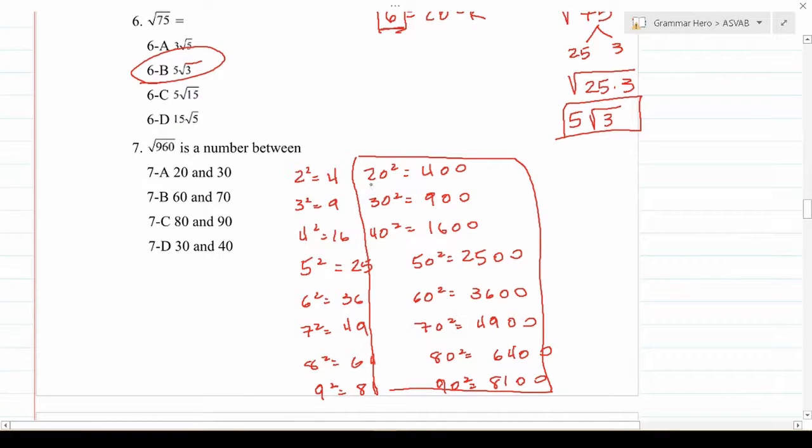So this pair would not work because 960 is not between those two ranges. 30 squared is 900, which is close to 960, and 40 squared is 1600. So 960 falls within this range. In other words, we know the square root of 960 is going to be somewhere between 30 and 40. Okay?